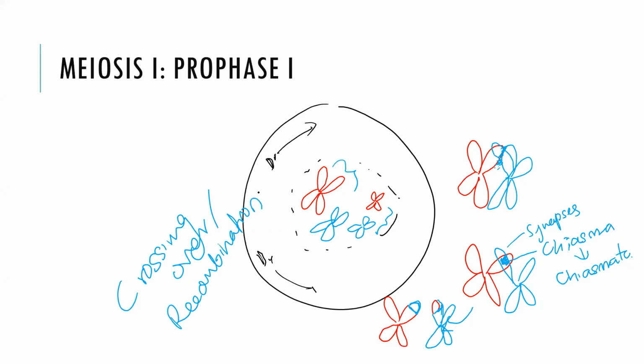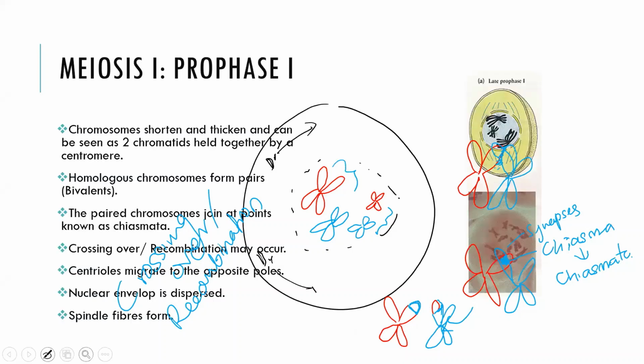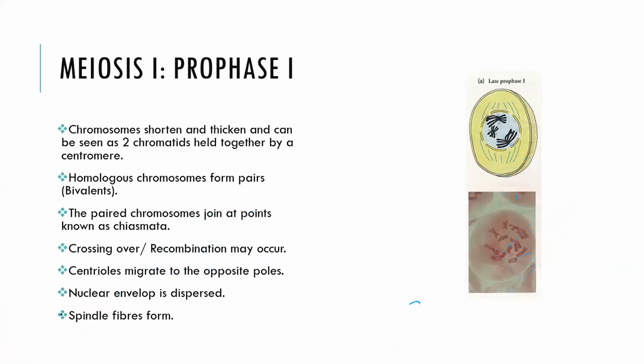Okay, this helps to increase the genetic variation of the gametes that are made. Okay. So here you can see the prophase 1. Right? So the chromosomes shorten and thicken. The homologous chromosomes form pairs.